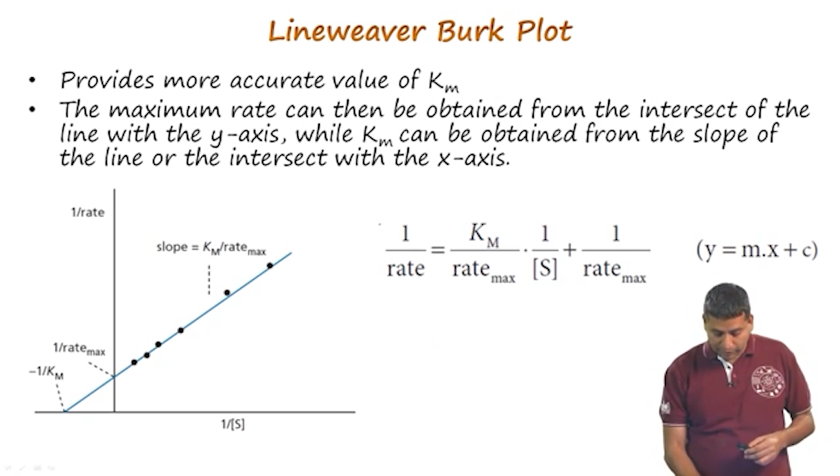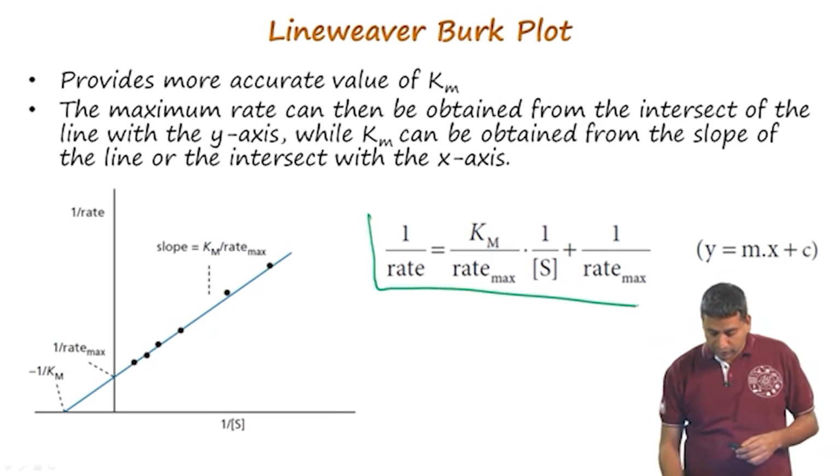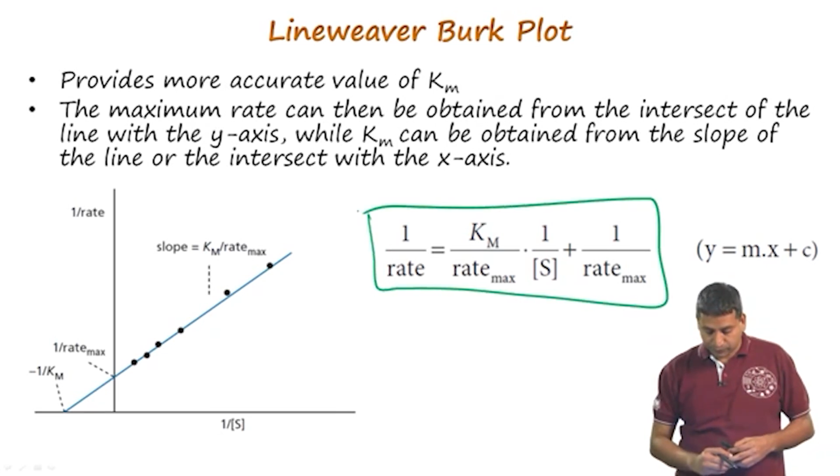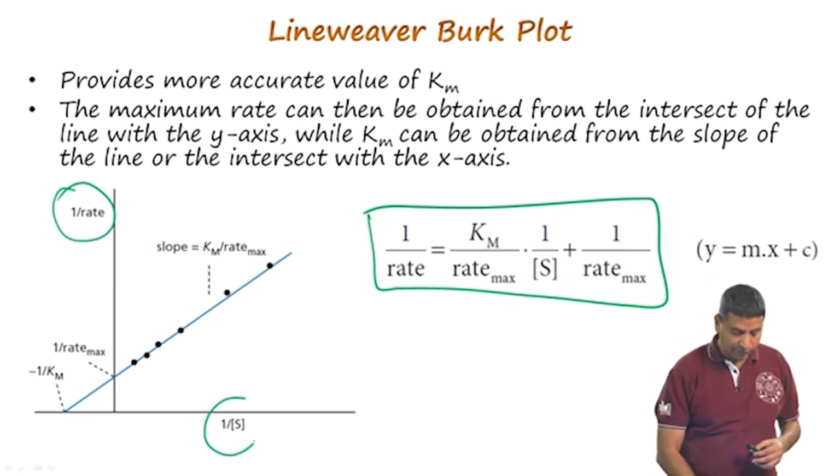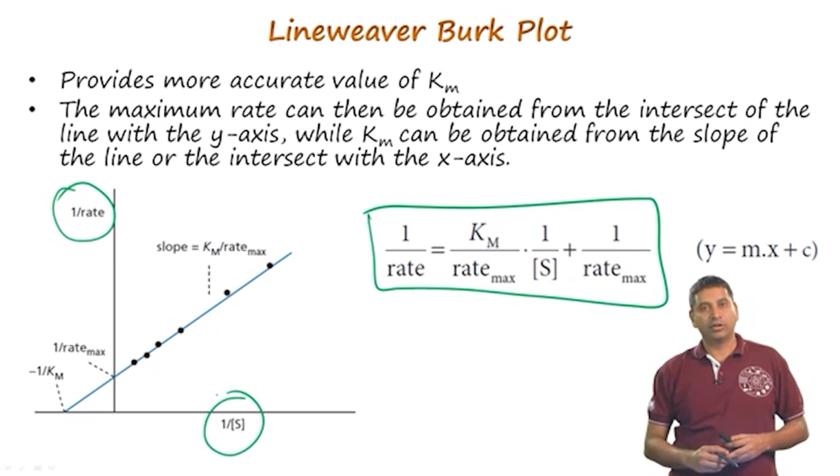We take 1 by rate equals this term over here, right. Now if we plot 1 by rate versus 1 by substrate concentration, this is called the Lineweaver-Burk plot. You can think about this equation as y equals mx plus c, and you will end up with a straight line.